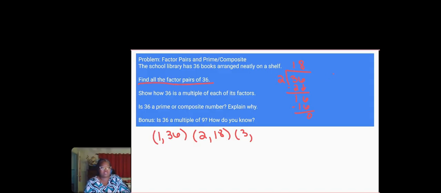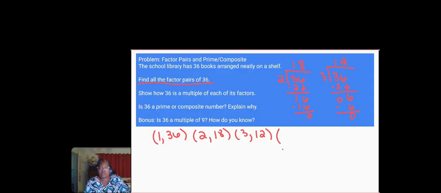Let's see if that's true. So 36 divided by 3. 3 goes into 3 one time. 1 times 3 is 3. 3 minus 3 is 0. Let's bring that 6 down. 3 goes into 6 2 times. And 2 times 3 is 6. That's 0. So that also means that 3 and 12 are a factor pair of 36.